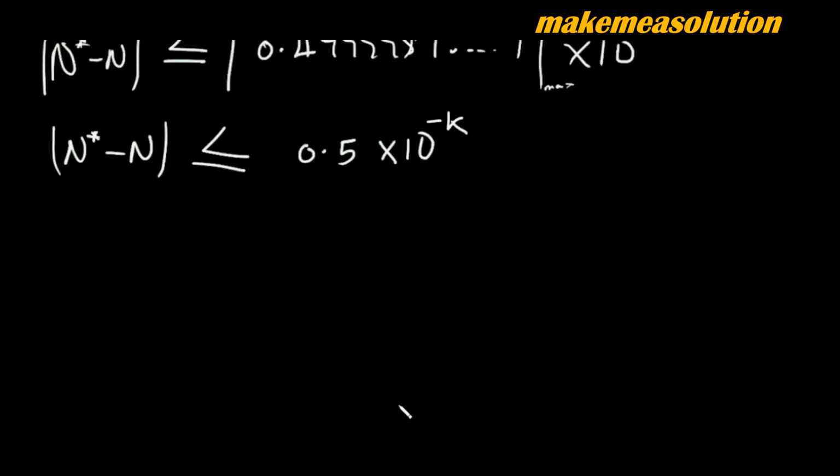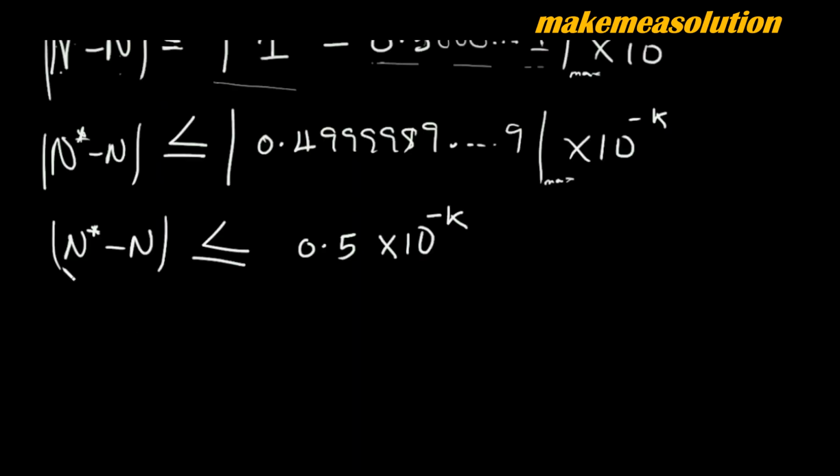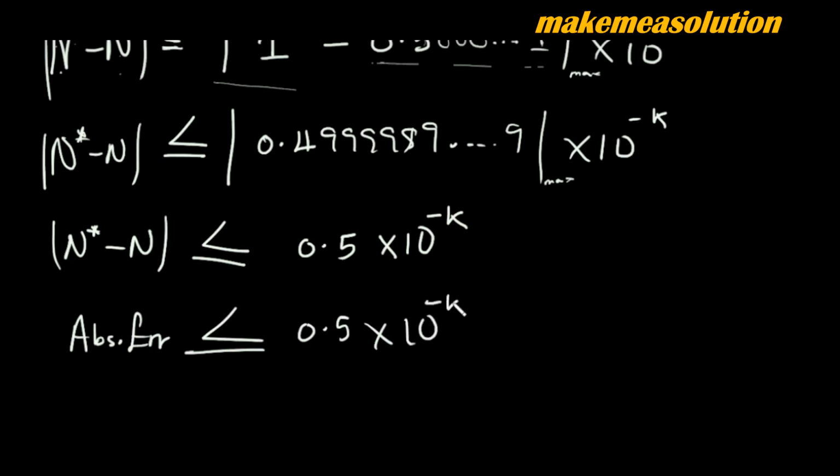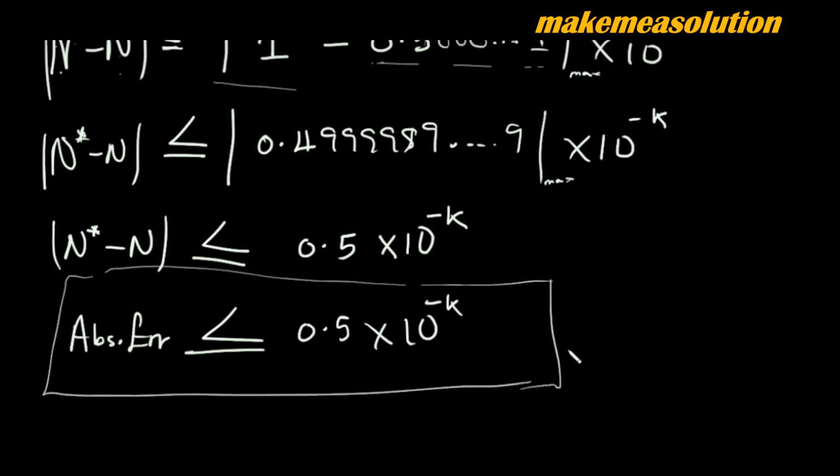So this is where we get that theory, because when you take the difference between an approximate value and the actual value, this is actually an absolute error. Is that okay? So this is the absolute error. So the absolute error is less than or equal to 0.5 times 10 to the power of minus k. And this particular expression is what you are going to be using to solve a lot of error problems.